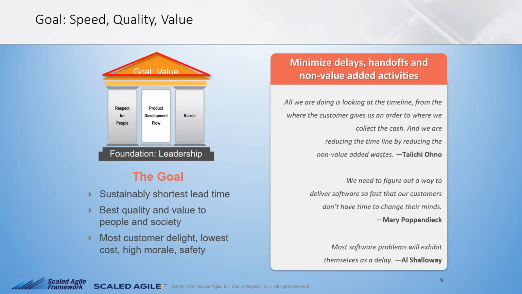Most software problems will exhibit themselves as a delay. Whenever you delay something, the other party will have more time to think, am I doing this right? What can I add to this? How can I make it better? If you deliver it early, if you deliver it proactively, you normally don't have such discussions or such changes adopted into your sprint.